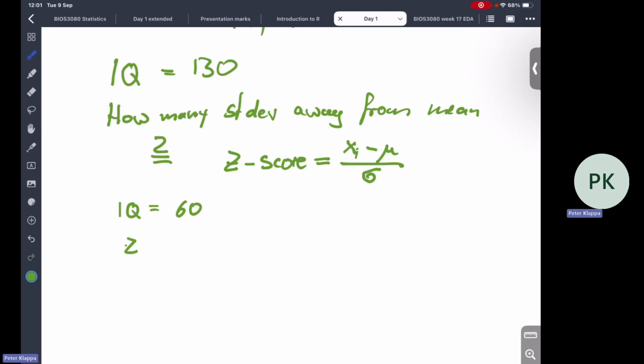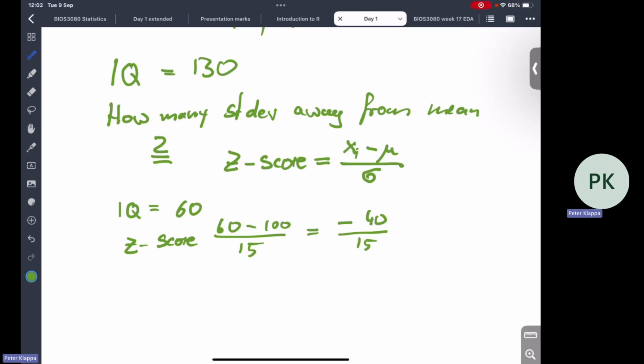I can calculate the z-score. This would be 60 minus 100 divided by 15, and that is negative 40 divided by 15, and I can't do that in my head, but you get the gist. So the z-score can be positive, can be negative. Yeah, makes sense? So this is a typical characteristic of a normal distribution.